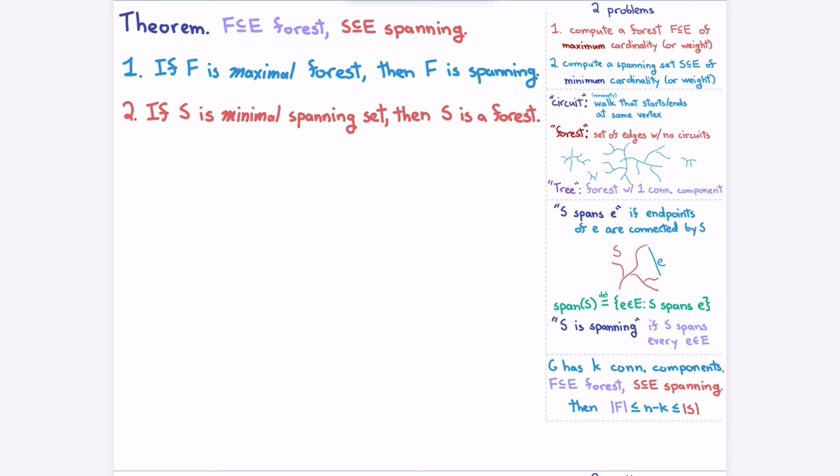This is our first example of what are called primal and dual problems. There are two sides of the same coin: minimum spanning set, maximal forest. This is a paradigm that shows up in many problems. This is just one relatively simple example. And they're going to mutually certify each other to be optimum.